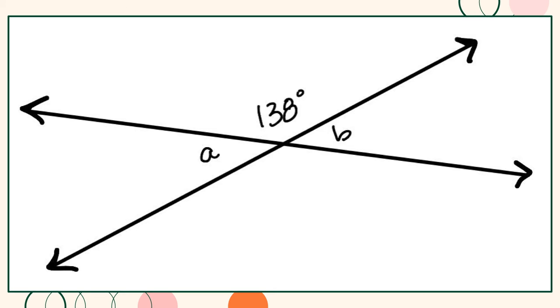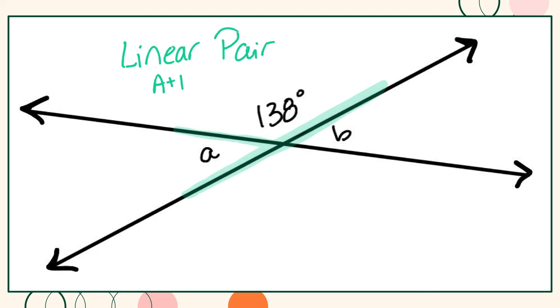Take a look at this one. This one, I have two angle measures as well. So I start by noticing that I have a straight angle. Once again, anytime you see a straight angle, we're looking at things that are supplementary. These two share a side, so that means that I'm dealing with a linear pair. And when I have a linear pair, that means that I have A plus B equals 180.